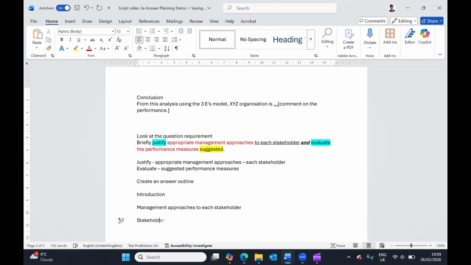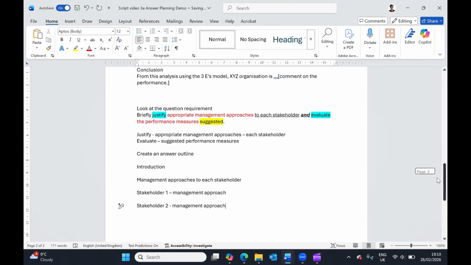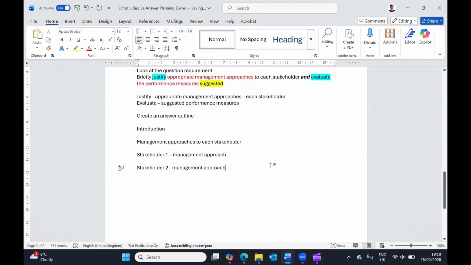So I might say here, stakeholder 1, management approach. Then stakeholder 2, again, this is dependent upon what the scenario is telling me, right?